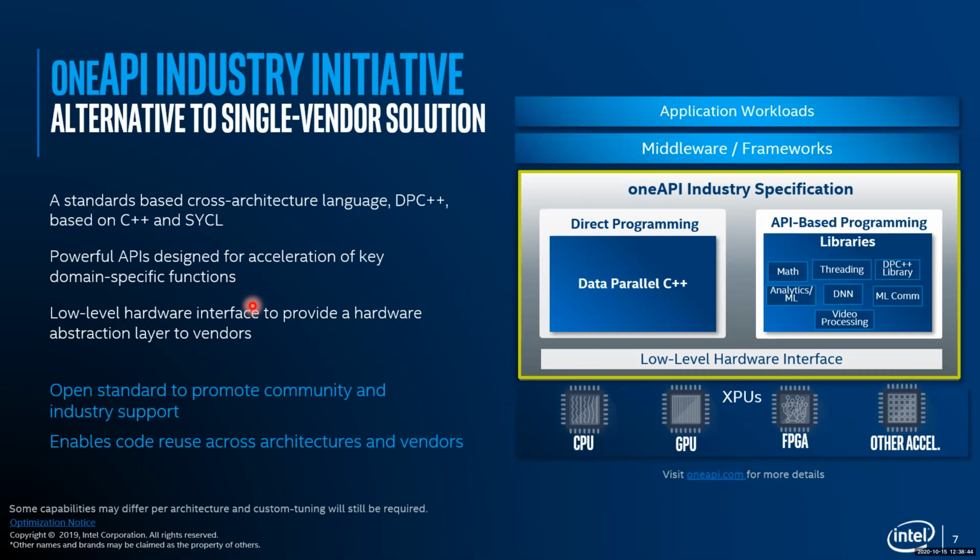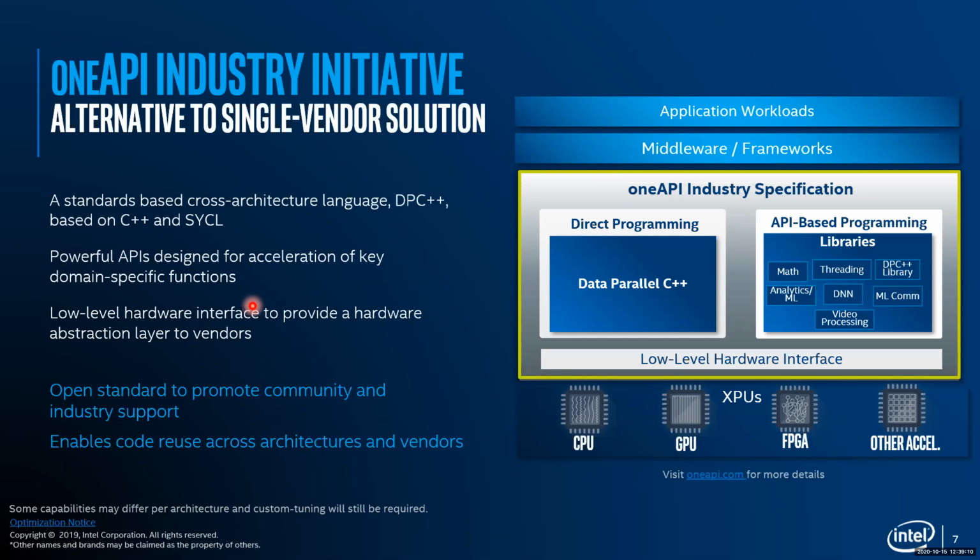And as discussed before, OneAPI is being built to simplify development across multiple types of processors and accelerators, and it's standards-based with an open specification to enable broad ecosystem adoption and innovation.